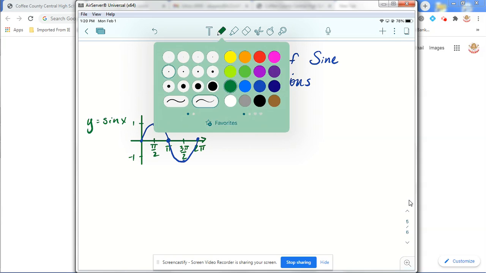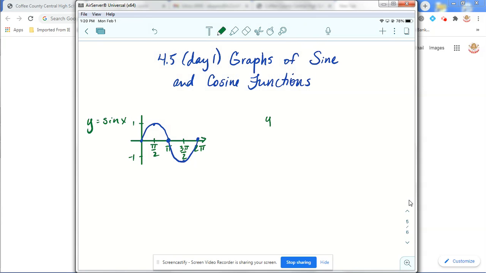All right, and then we'll also do just a little quick graph of y equals cosine of x. Okay, so we're also going to go from 0 to 2 pi. We have the same little halfway tick marks.